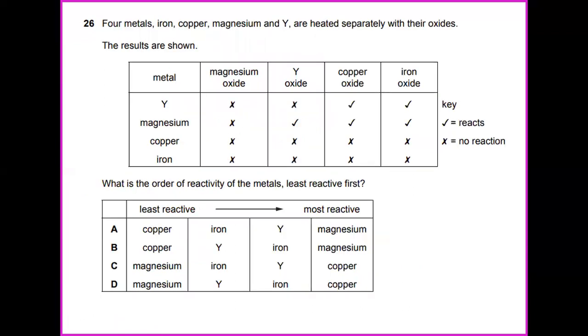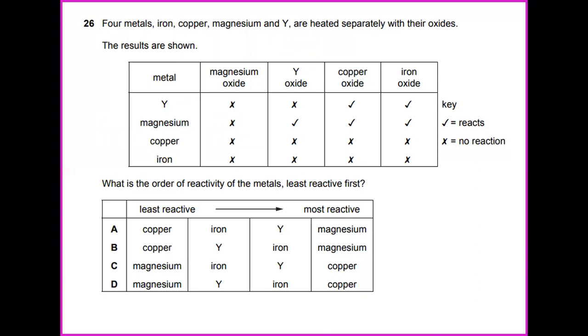Four metals, iron, copper, magnesium, and Y, are heated separately with their oxides. The results are shown in the table as described. What is the order of reactivity of the metals, least reactive first? We have copper, iron, Y, magnesium, so magnesium is the most reactive. Or copper, Y, iron, magnesium. Or magnesium, iron, Y, and copper.